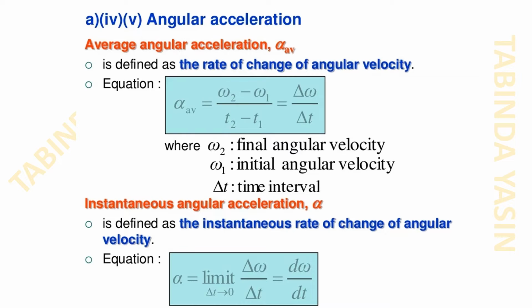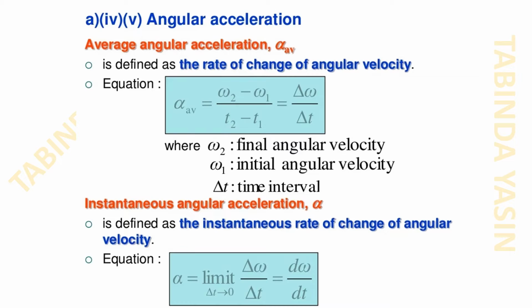Omega 2 is the final angular velocity, and omega 1 is the initial angular velocity, divided by the final time minus the initial time, that is equal to del omega over del t. So omega 2 is final angular velocity, omega 1 is initial angular velocity, and del t is the time interval.